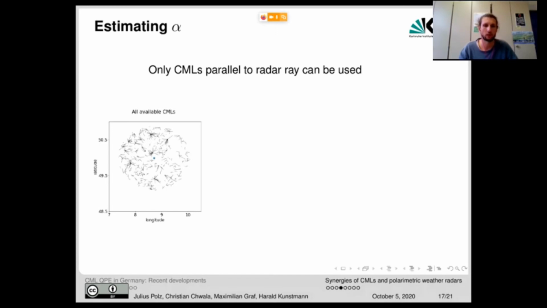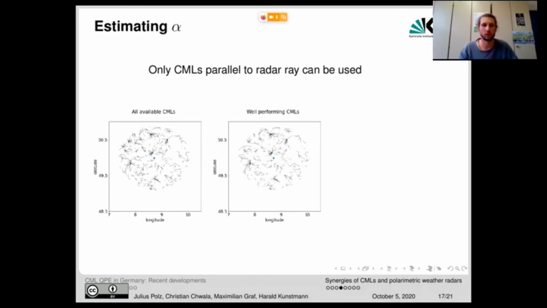and all the lines around are the CML locations. From those available CMLs, first we just take the well-performing CMLs, and it didn't change much, so that's good. We took this 1 year of data that we analyzed, and then the best performing we used for this, because we want to have a lot of trust in them.